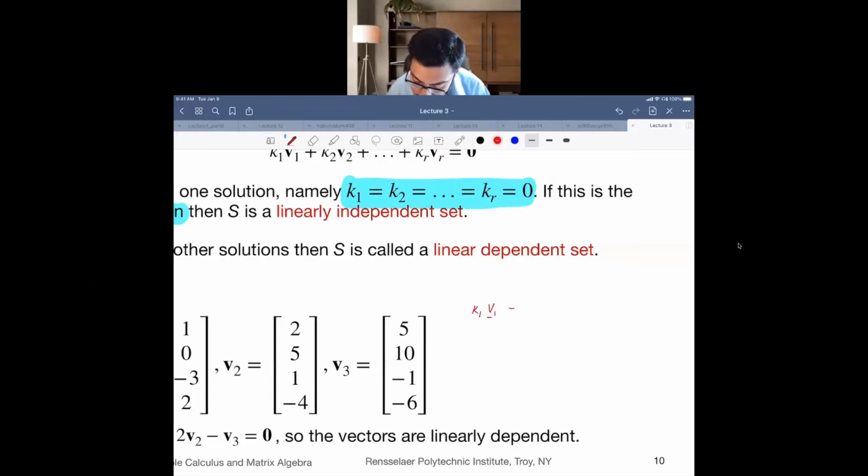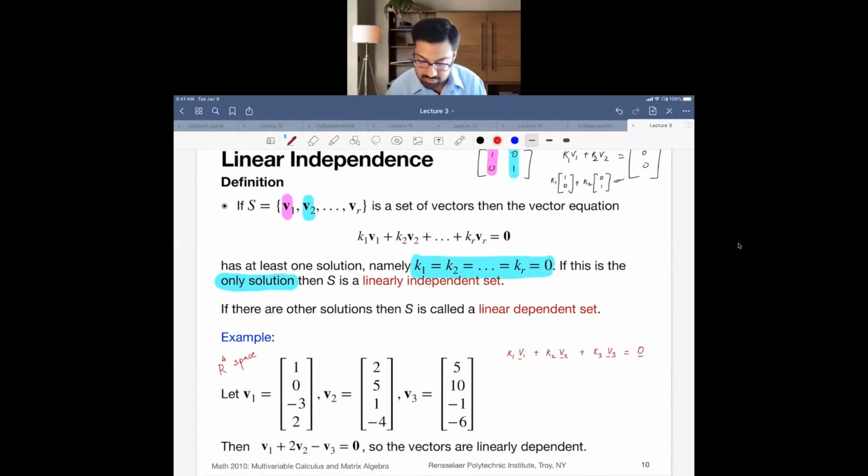So k1 v1 plus k2 v2 plus k3 v3, that's it, 3 of them, should equal the 0 vector. Finding the k values might turn into a set of equations. Exactly. That's where we are going, Sunny. So k1 v1 plus k2 v2 plus k3 v3 should equal the 0 vector.